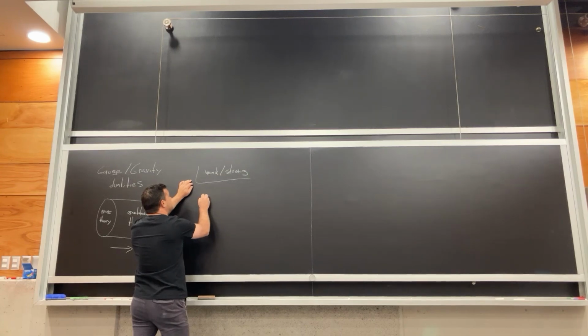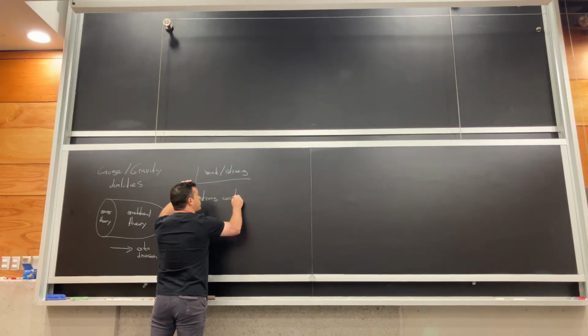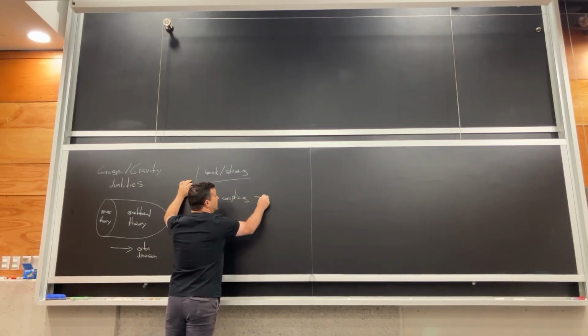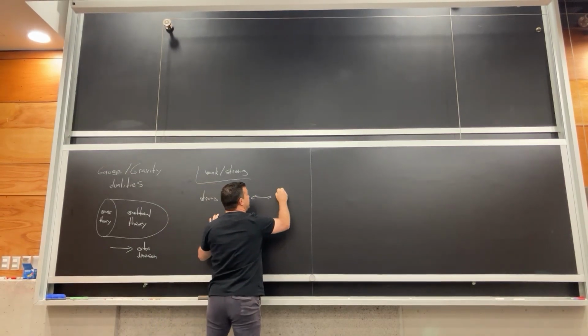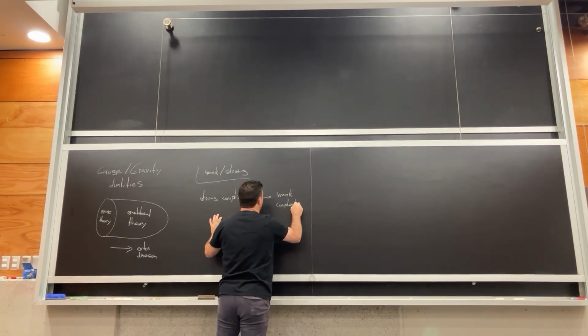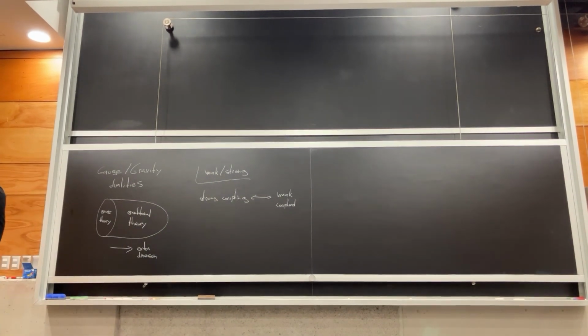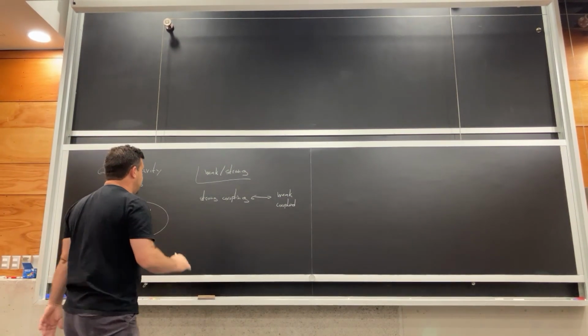This means that when one system is strongly coupled, then the other one is weakly coupled. In other words, when one system is very quantum, in the far quantum regime, the other system is completely classical. And we know how to do classical physics quite well. So this is very useful.